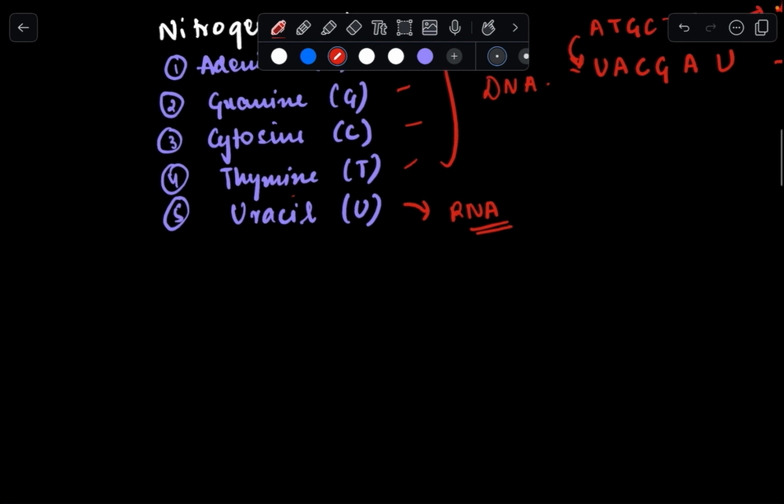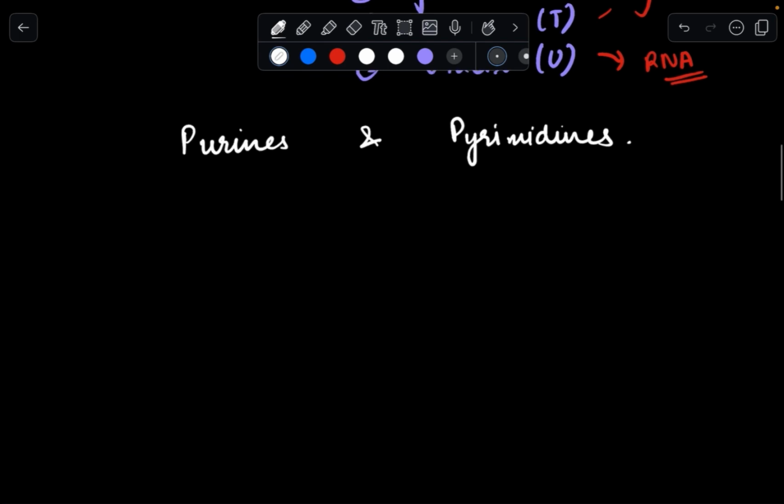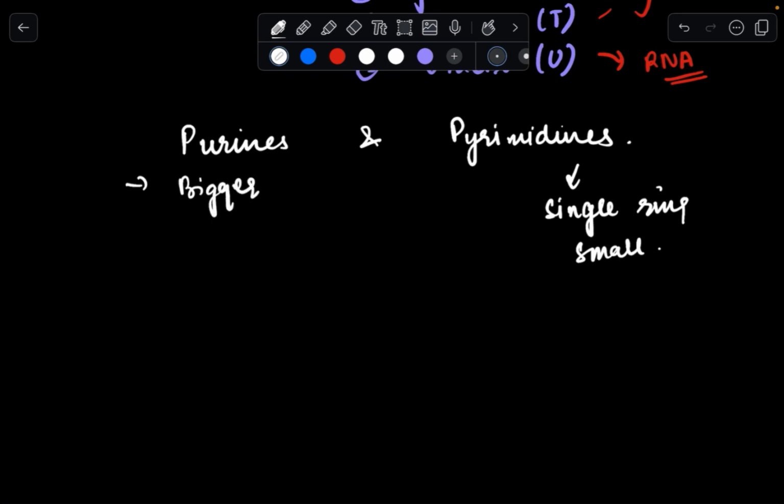These bases found in nucleic acids are of two types, purines and pyrimidines. Pyrimidines are smaller, having a single ring, while purines are bigger, and they have fused double rings.